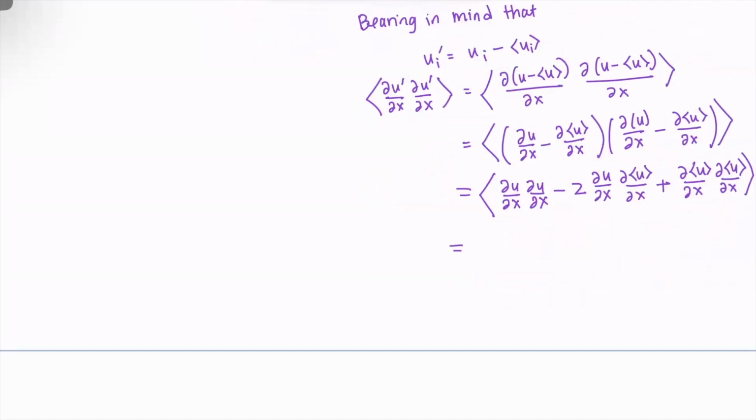Okay, so this is the mean of the x gradient of u multiplied with itself, minus 2 times the mean of partial u partial x times partial mean u partial x, plus the mean of partial u partial x squared. I'm running out of room there. Never mind, that's sloppy. Hang on, I'll move it.